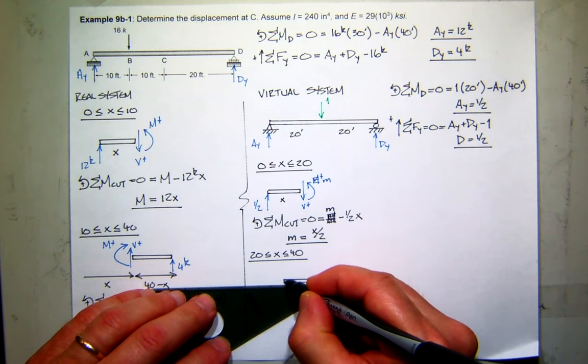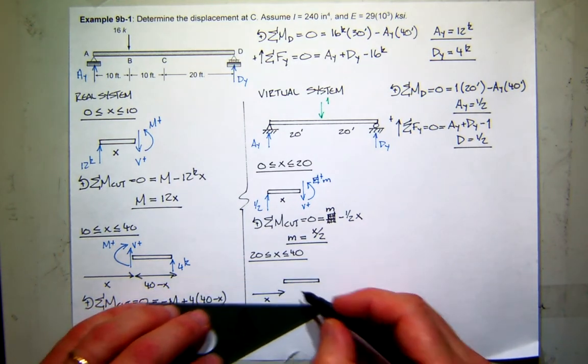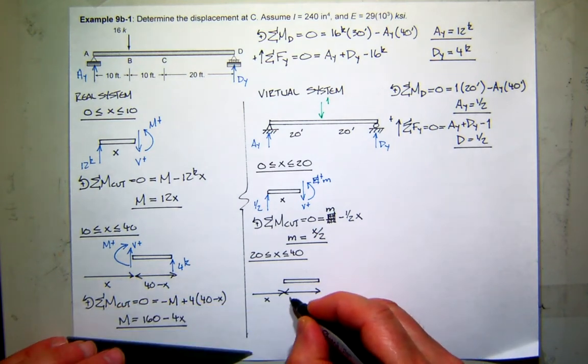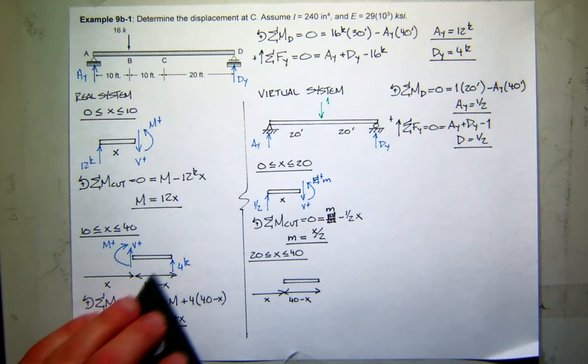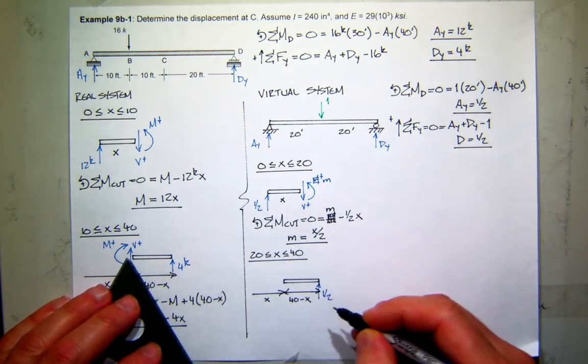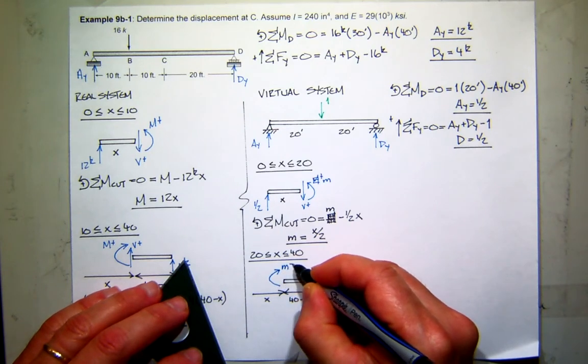So there's the right side. Again, it'll be a distance x up to the cut. This section will also be 40 minus x. Here at D, I have a half. And then there's my positive virtual moment.